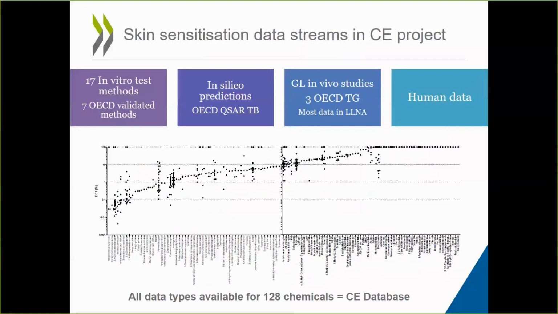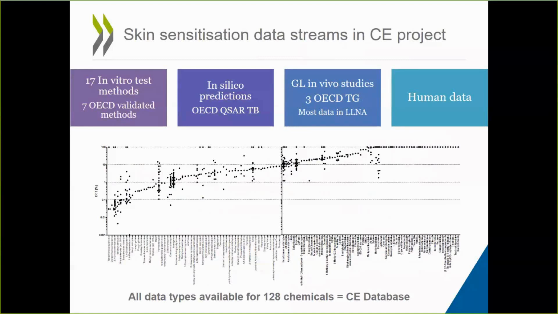So the Cosmetics Europe database provides a relatively large chemical database for 128 chemicals, and we have a lot of data on these 128 chemicals. We have in vitro test methods for all of them, including data from the 7 OECD validated test methods.